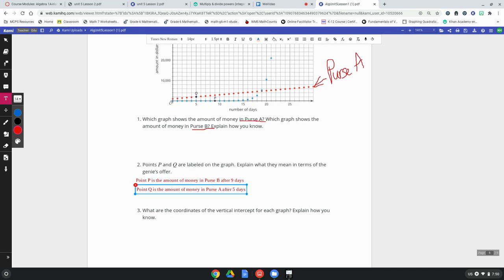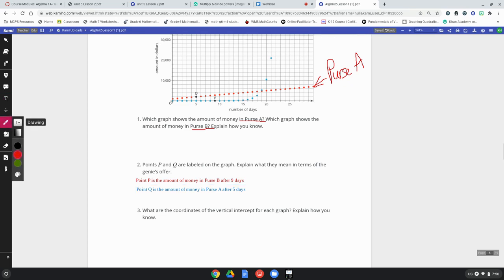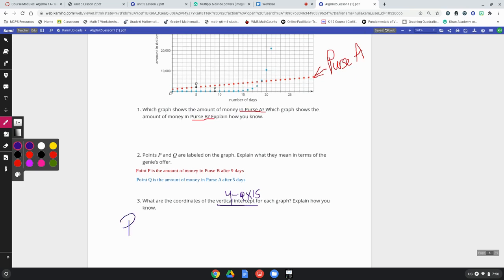What are the coordinates of the vertical intercepts? Please remember, okay, recall that vertical means y-axis. Okay, the y-axis. Okay, so for purse A, it would be (0, 1,000).